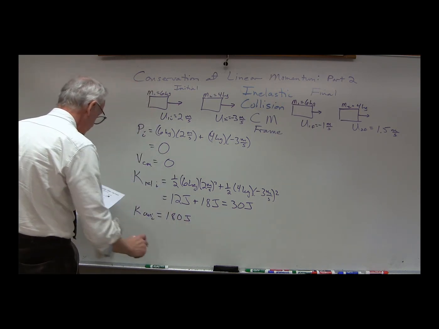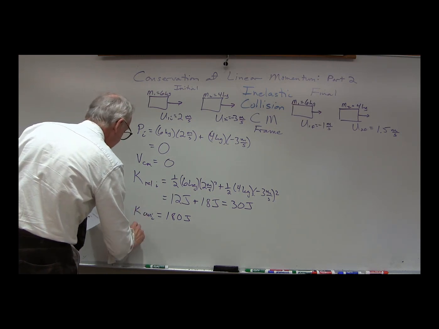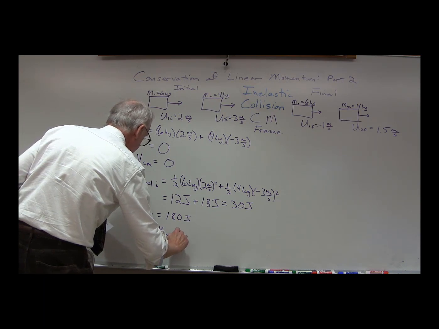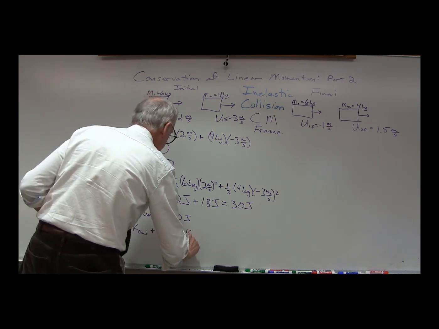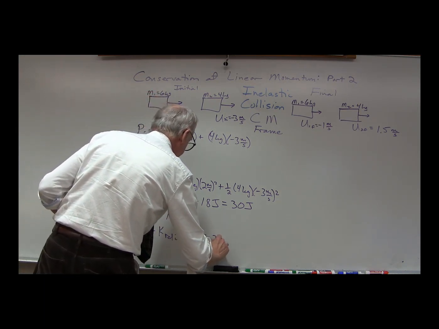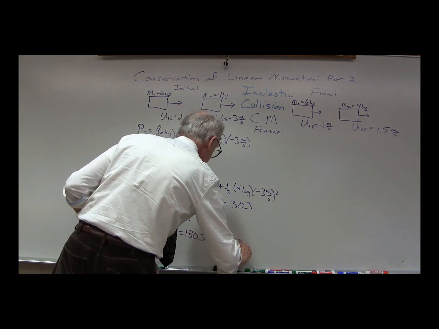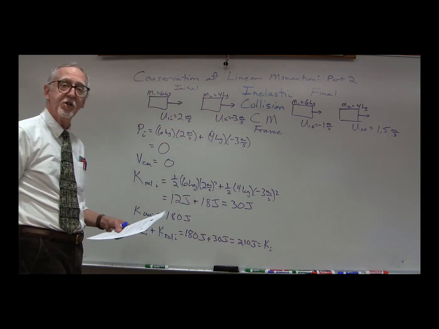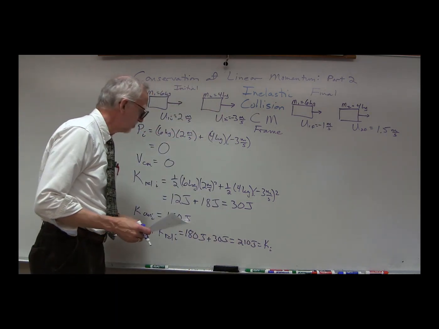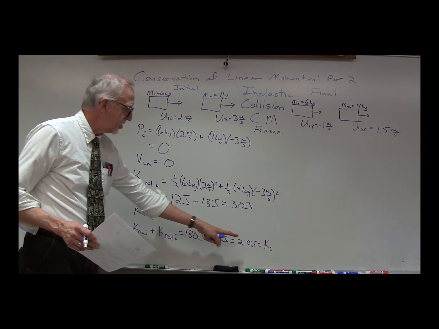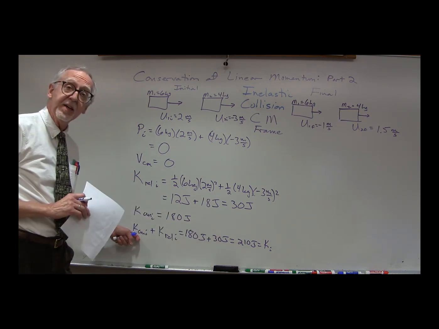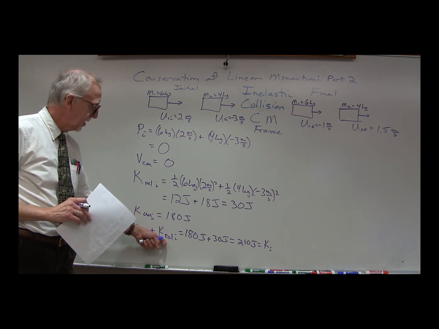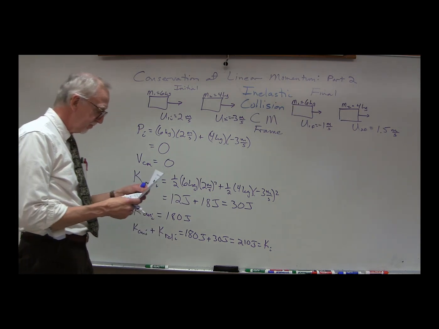And we did find that K CM initial plus K rel initial, which is 180 joules plus 30 joules, is 210 joules, which we found to be the total initial kinetic energy. So the initial kinetic energy equals the sum of the kinetic energy of the center of mass plus the relative kinetic energy. Very good.